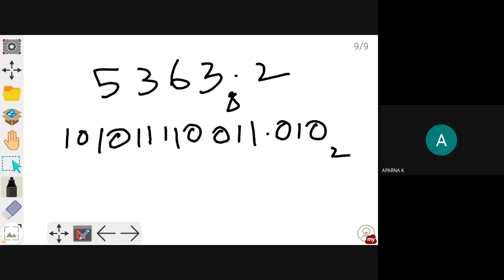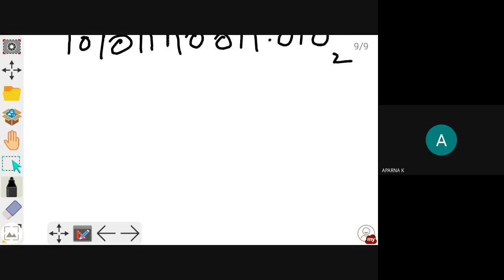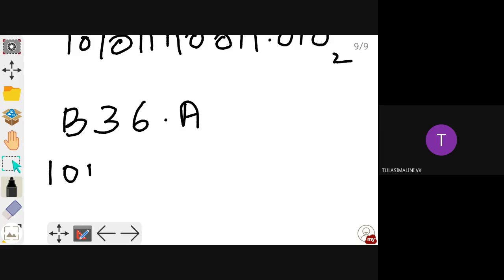Similarly, for a hexadecimal value to binary, you write the equivalent binary code, and for this you require 4 digits. So B, how will you write it? 1011, because B is 11: 8 plus 2 is 10, 10 plus 1 is 11.